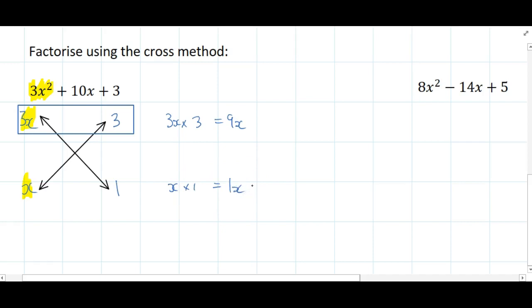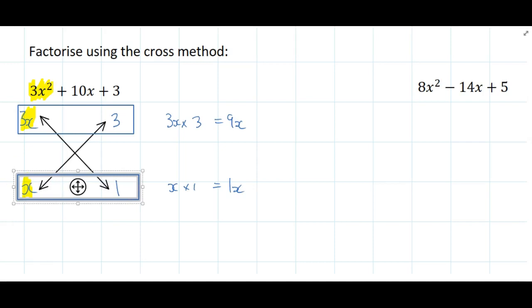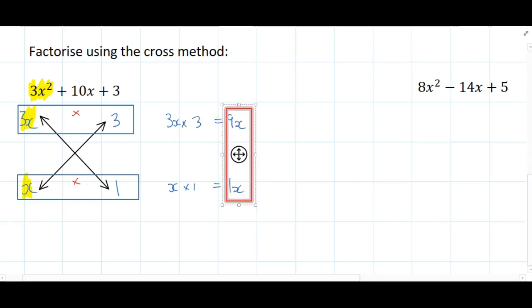Okay? So what you do is you multiply across both of these. Now, when you multiply those out and add them together, you need to get 10x. Okay, so what that tells you is you've got the right factors in the right order.